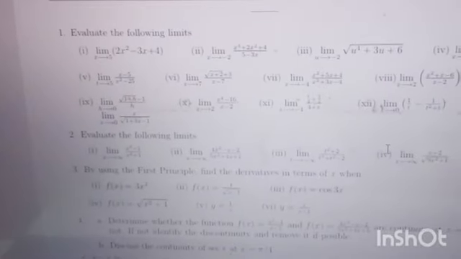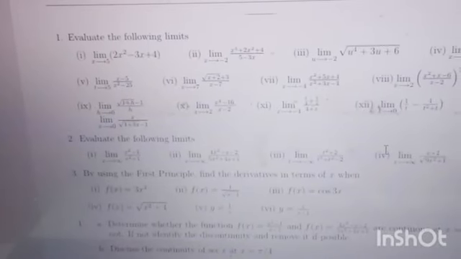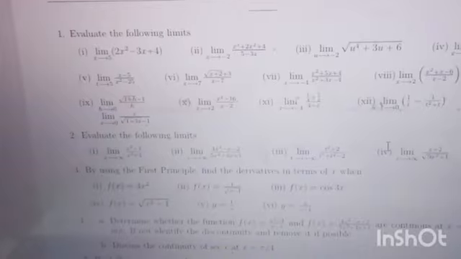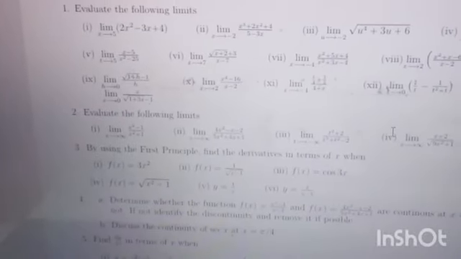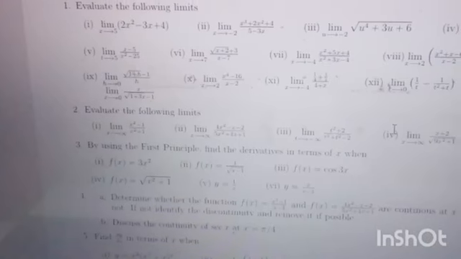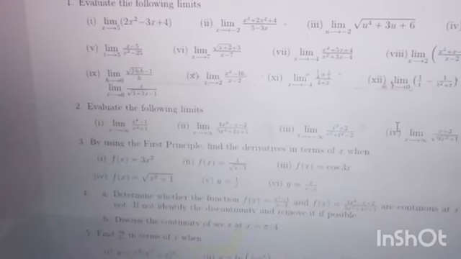So we now go to part 5 of question number 1. Part 5 says find the limit as t approaches 5, but it should be the limit as x approaches 5 of x minus 5 as the numerator and x squared minus 25 as the denominator.